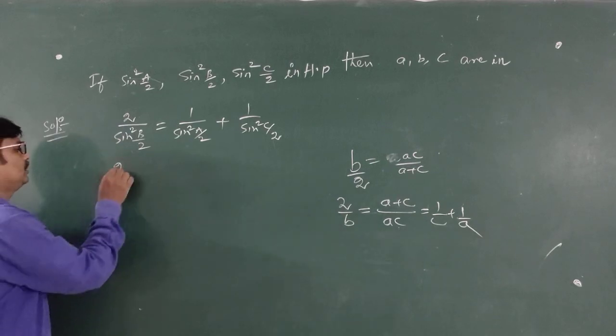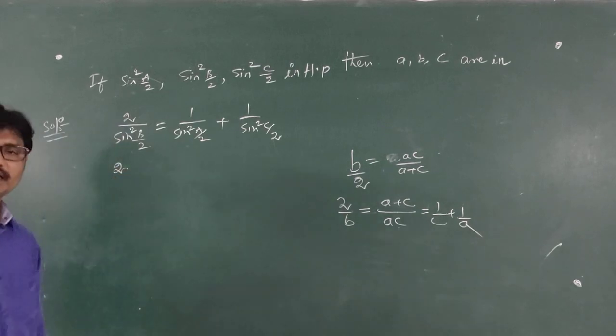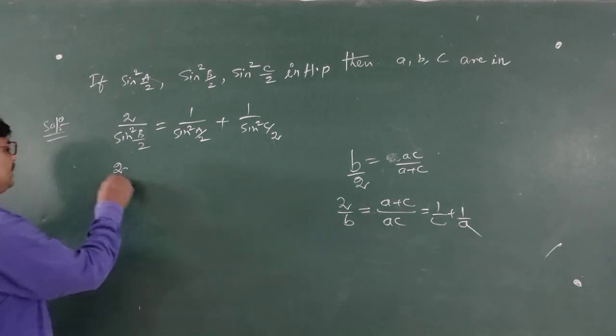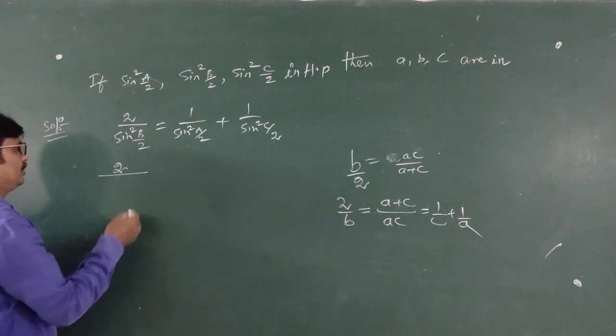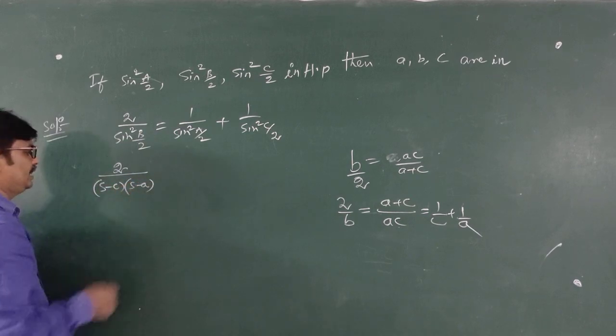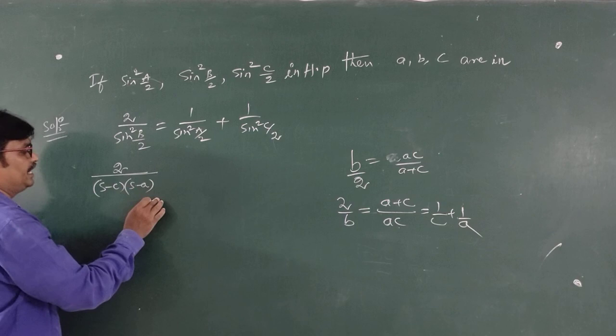Now from the half-angle rule, everybody knows that sin²(B/2) is (s minus c)(s minus a) upon ac.